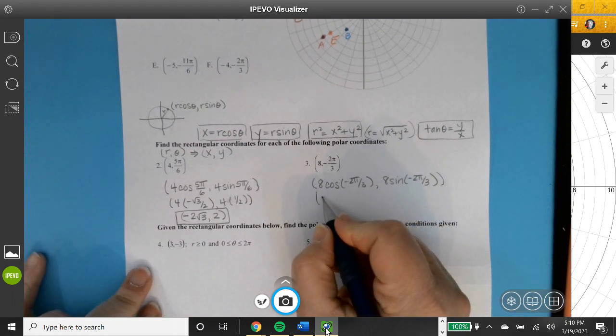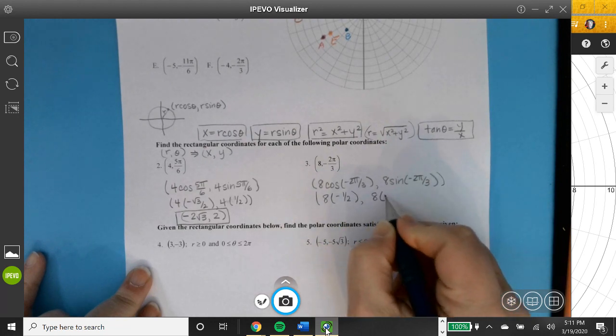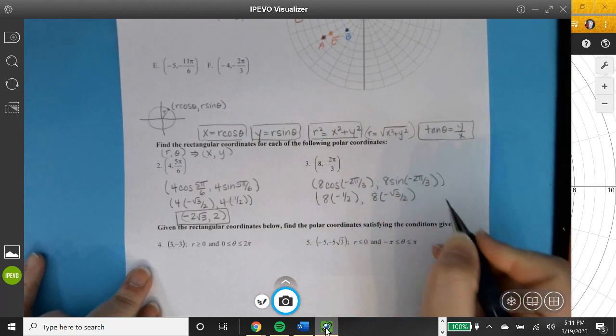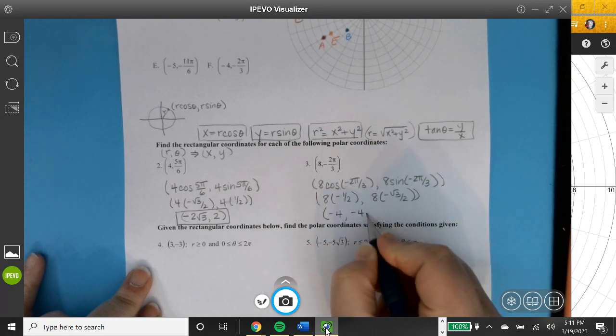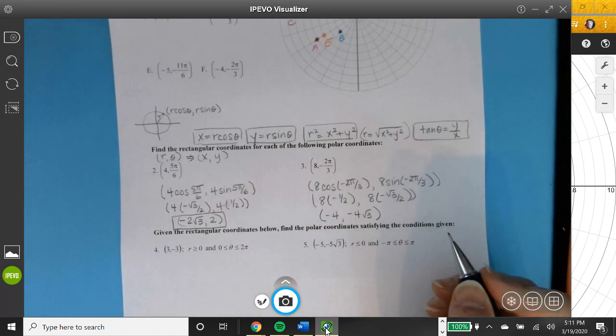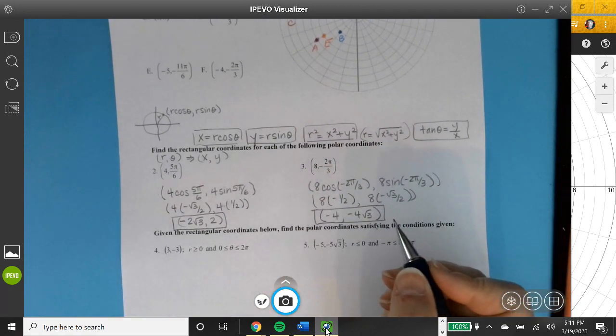So this is going to be 8 times negative 1/2, 8 times negative root 3 over 2. And then that point's going to be negative 4, negative 4 root 3. Okay? And that's x, y coordinates from r, theta.